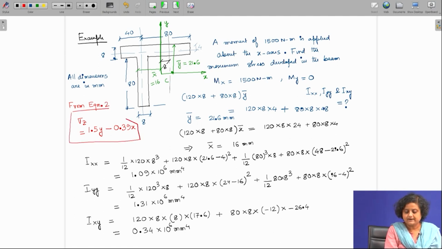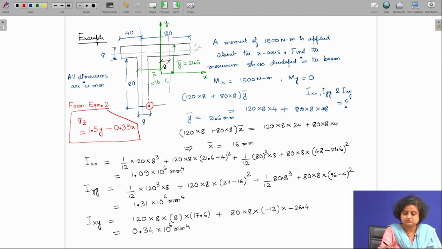Now, how do we find out the maximum stress in the cross section? We have to do inspection. Most likely the corner points are going to have the maximum stress because they have the maximum value of x and y.